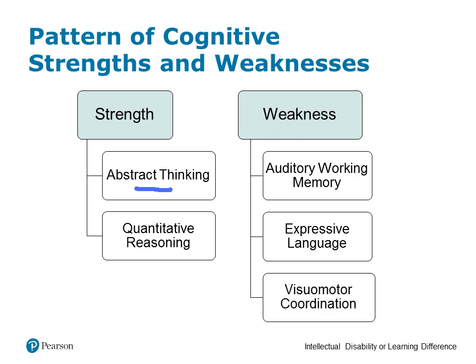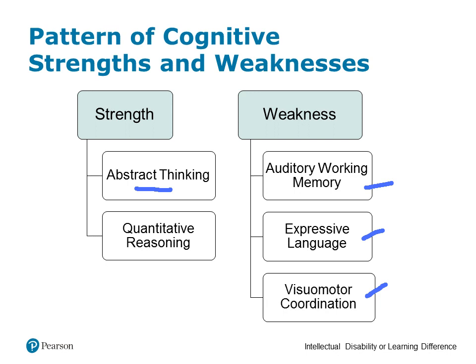Also think about the quantitative reasoning index. And then in terms of weaknesses, certainly the auditory working memory, the expressive language, and the visuomotor coordination, all of which were required on several of those WISC-V tasks. And his performance on those tasks was adversely affected by these relative weaknesses.